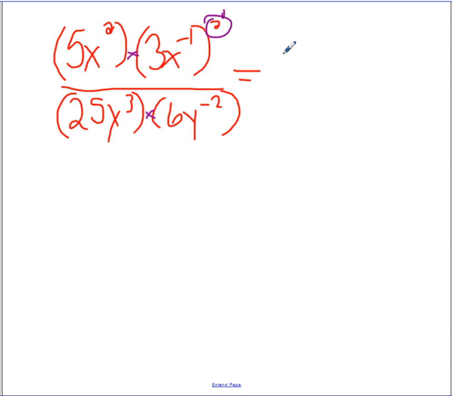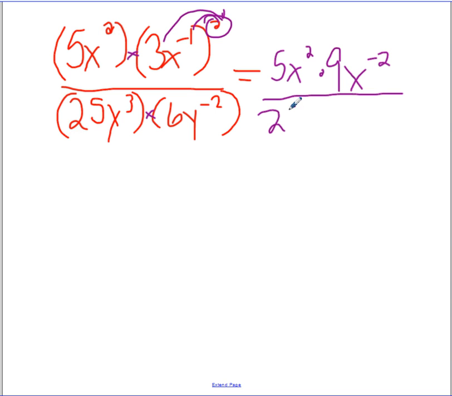So let's leave our 5x squared alone, and we're multiplying it by 3 squared, which is 9. And x, 2 times -1 would be -2. And that's going to be over our 25y cubed times our 6y to the -2 power.